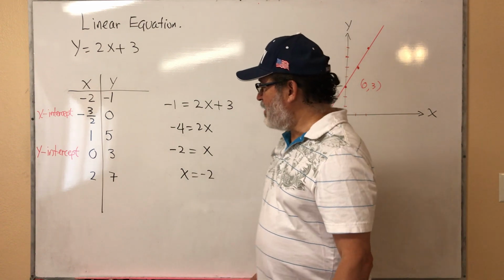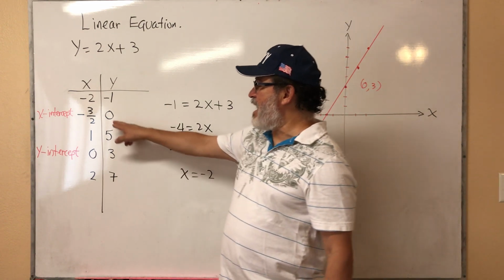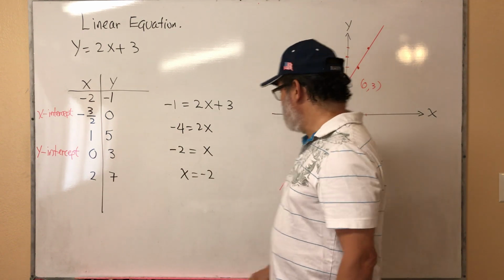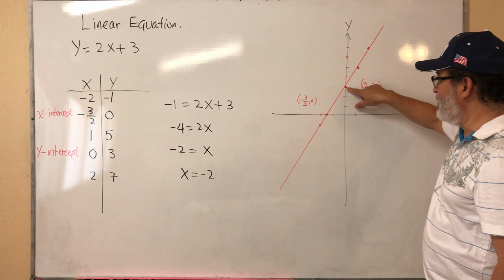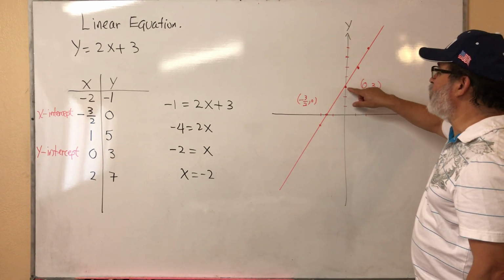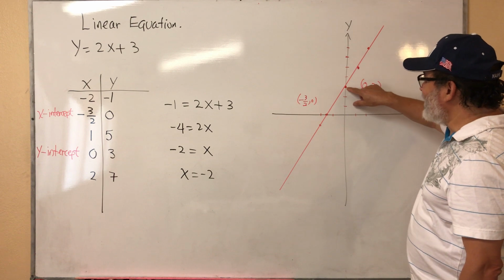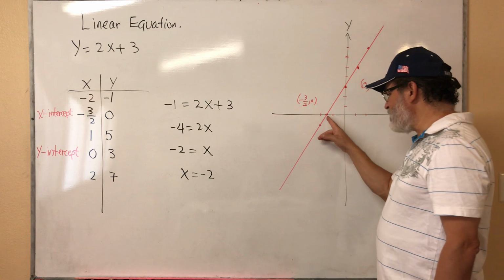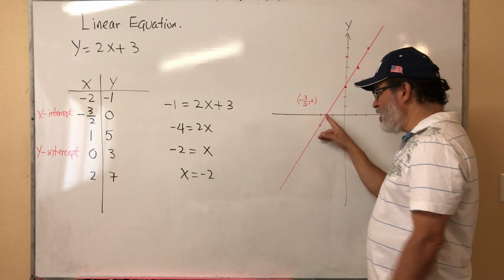Note, it is convenient to find the x-intercept and the y-intercept. Here's the y-intercept. It is the point where the line crosses the y-axis. And here is the x-intercept, right there.